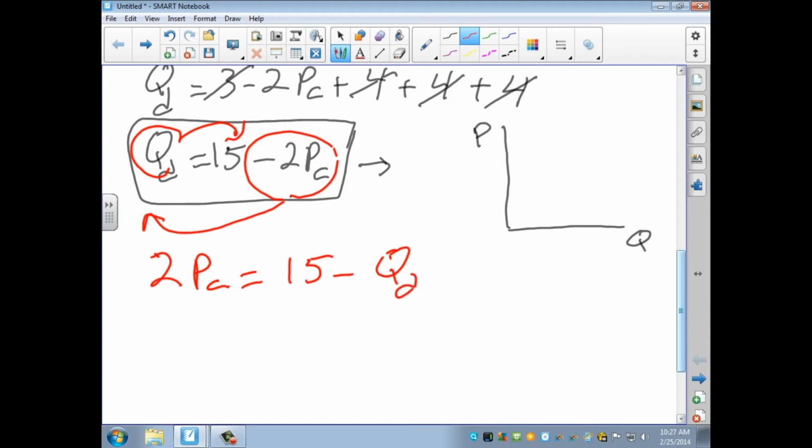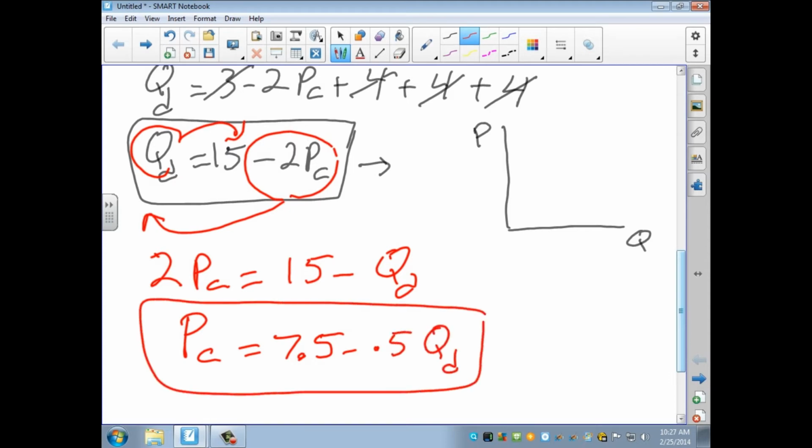Now divide everything by 2, then price of copper would be equal to 7.5 minus 0.5 QD. Now, these two, of course, are basically the same thing. It's just that one of them shows the quantity demanded as a function of price. The other one shows price as a function of quantity demanded. They are basically the same thing.